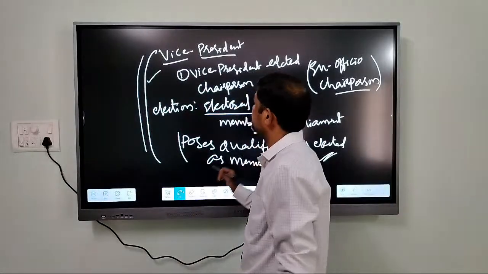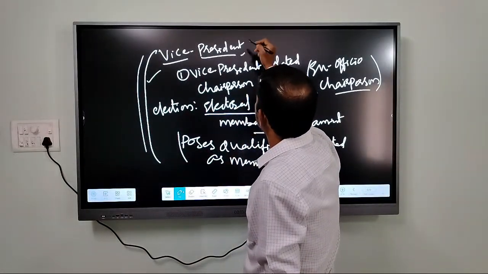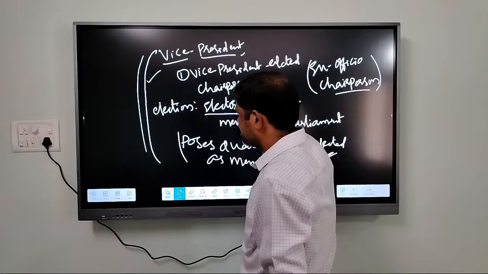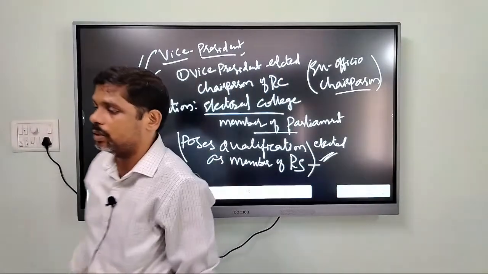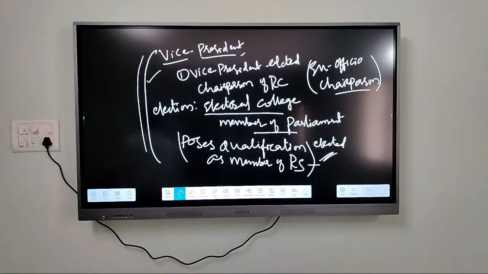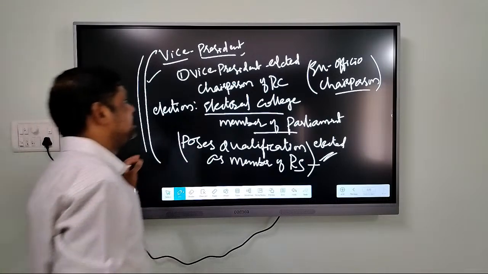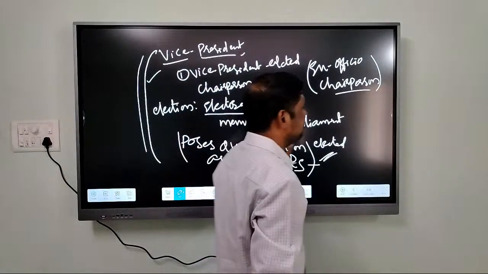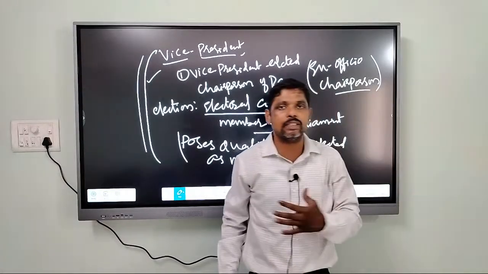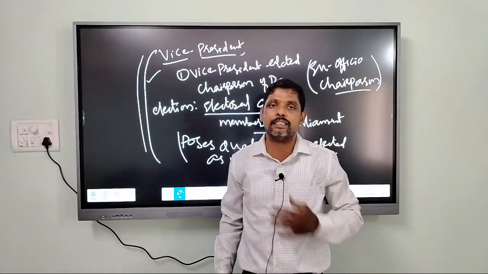Then removal of Vice President. So how is the Vice President removed? On what grounds is the Vice President removed? As I said, the Vice President is removed as the chairperson of Rajya Sabha. That means this process will be initiated in Rajya Sabha first.